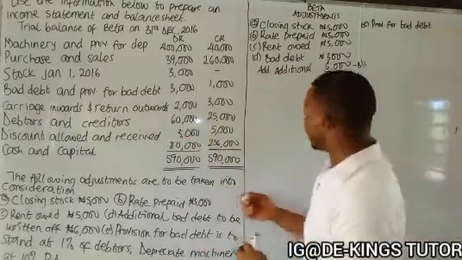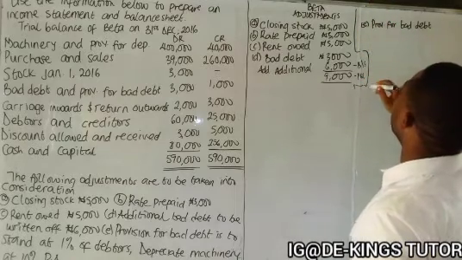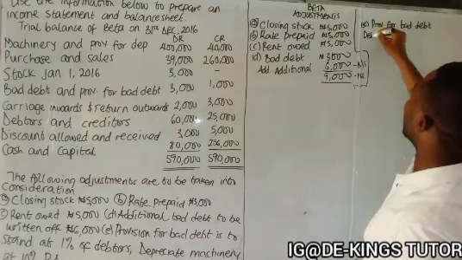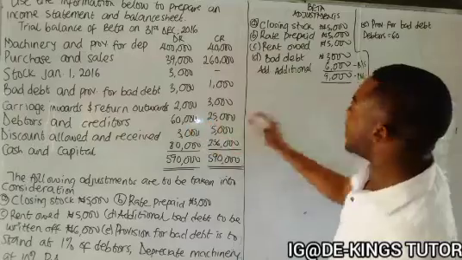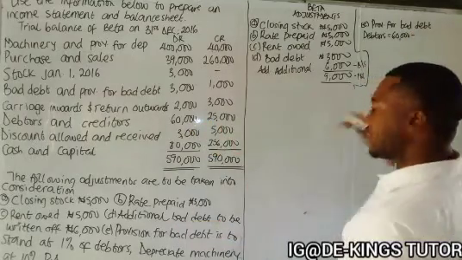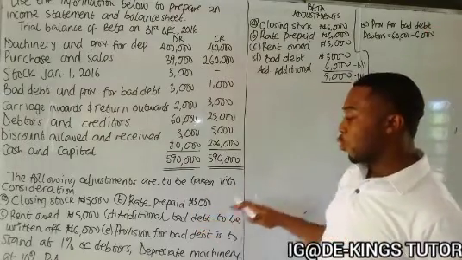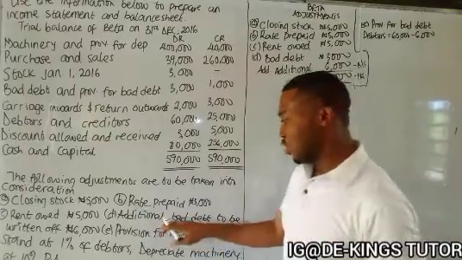So in this situation, before we calculate the provision, we are going to deduct the bad debt from the debtors figure. The debtors is 60,000 minus the bad debt of 6,000, because we want to calculate provision on the good debts and not the one that is already bad. This one is already bad.